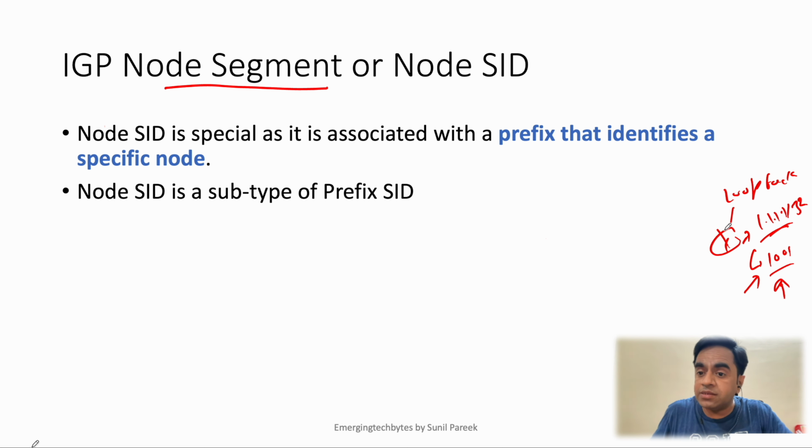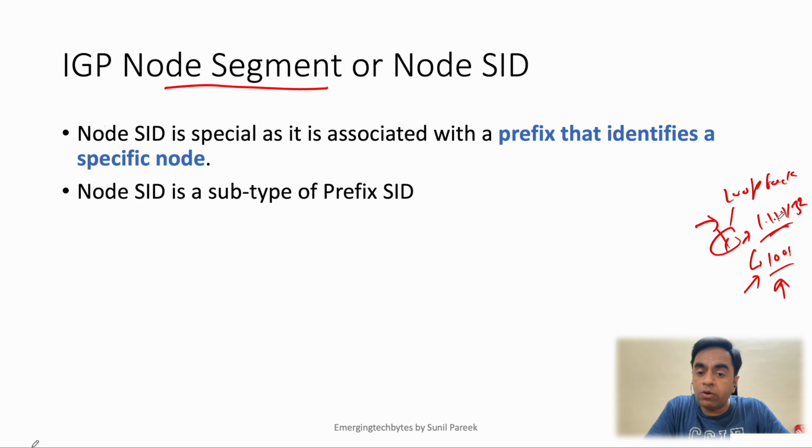But here it is a node SID, that means /32. The earlier case was a prefix SID that can have basically any IP address in your network. So node SID is a subtype of prefix SID. But is that it? Or is there something more to it?